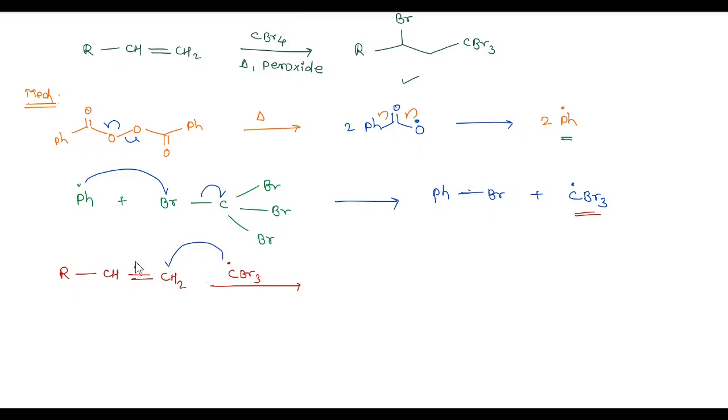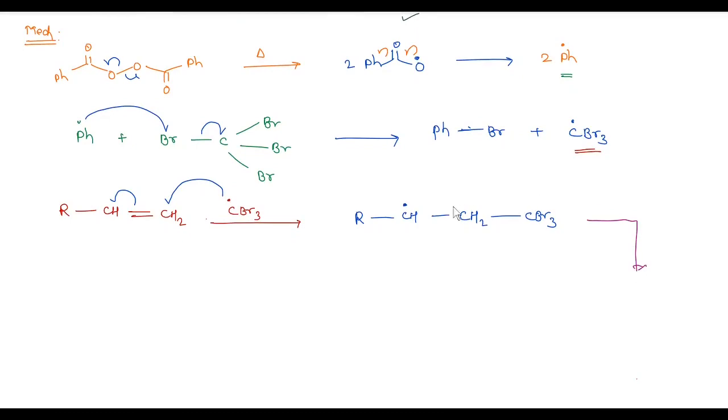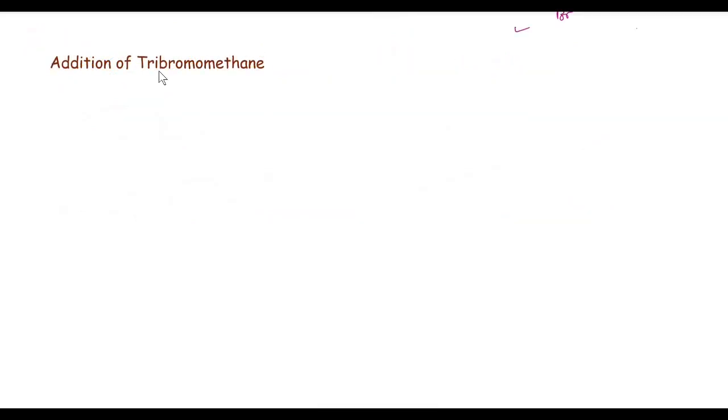The radical attacks this carbon and the double bond opens on the other carbon, and a new secondary radical is formed. In the next step, this radical abstracts a bromine radical from tetrabromomethane and we get our desired product.